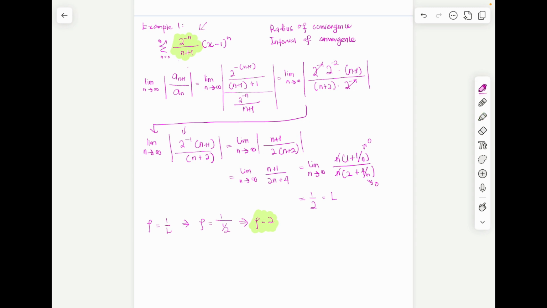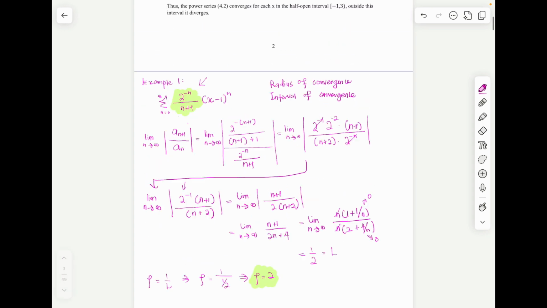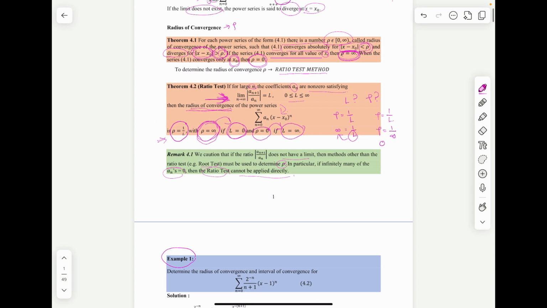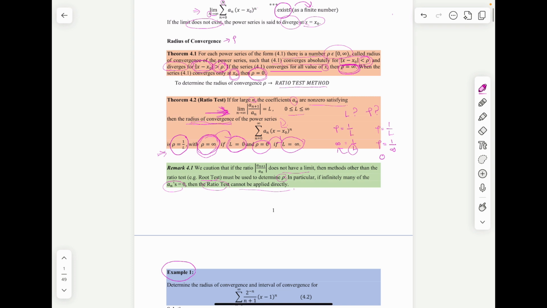Now we need to check the interval of convergence. How to check this? We come back to the theorem. It says that the power series converges absolutely for |x - x_0| less than rho, and diverges if it is greater than rho.